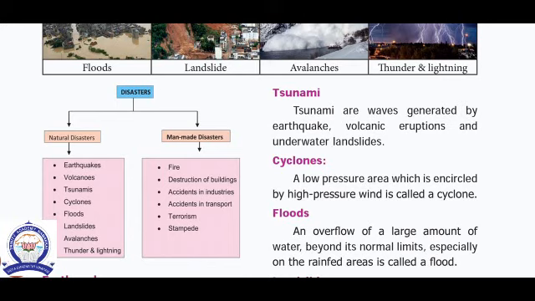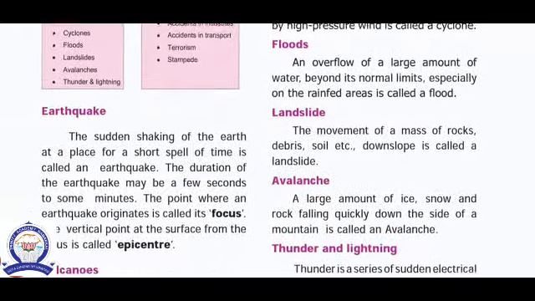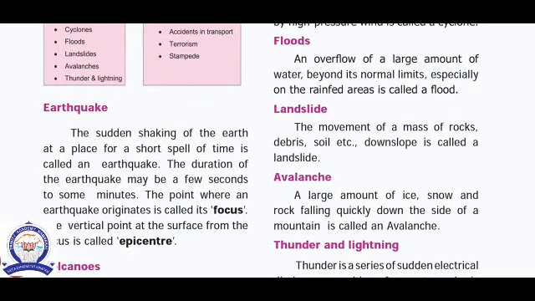Cyclones. A low pressure area which is encircled by high pressure wind is called a cyclone. Floods. An overflow of a large amount of water beyond its normal limits, especially in a rain area, is called a flood.